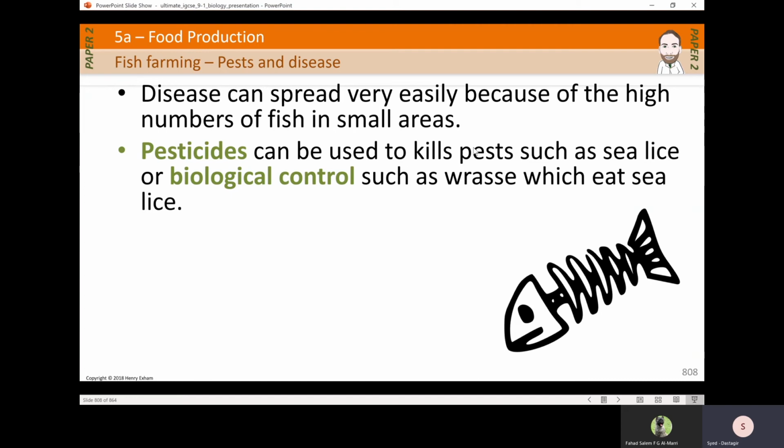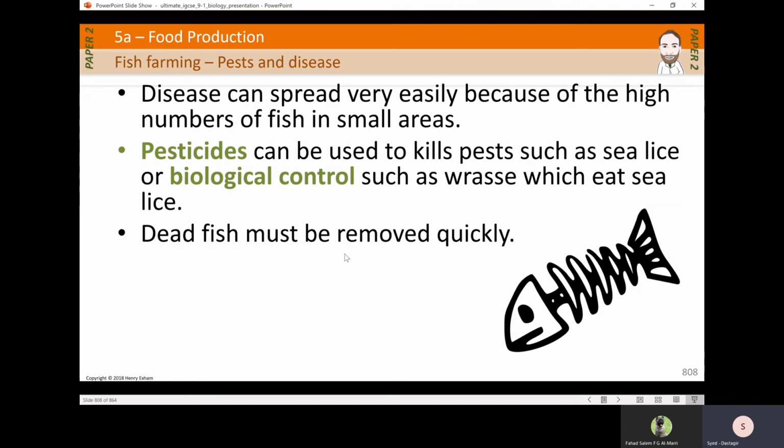Do you know what a pest is? Yes, pests are the insects that kill plants. Yeah, so organisms that can disrupt your crops. If you're a vegetable farmer, for example. In this example, they can be organisms that disrupt your fish.